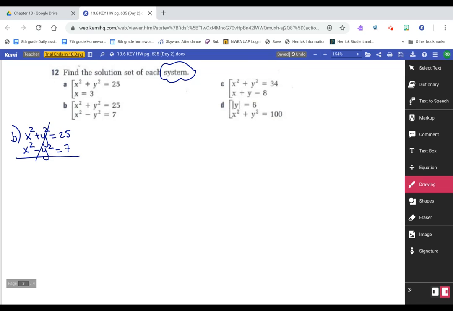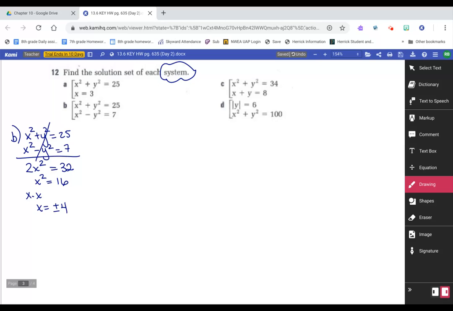So x² + x² is 2x². And then 25 plus 7, we end up getting 32. And then from there, we'll divide by 2, and we get x² = 16. Realize this is x times x, so your x is going to equal positive or negative 4.